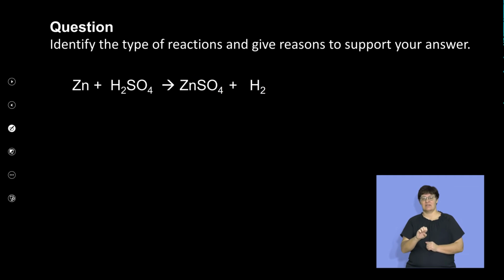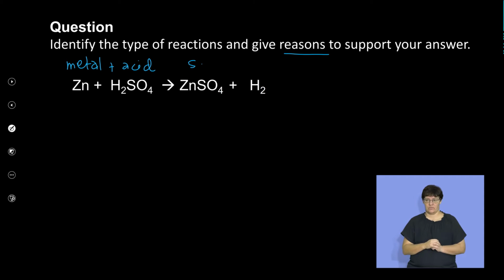Right. Now, we've got another type of reaction, and we want to also think about the reason why we would classify this reaction as a specific type. So this is a reaction between a metal and an acid.